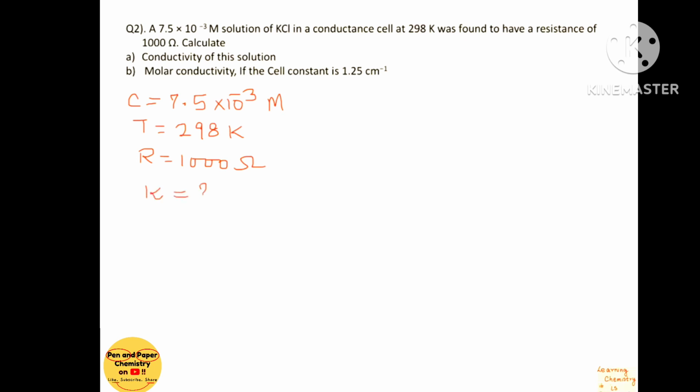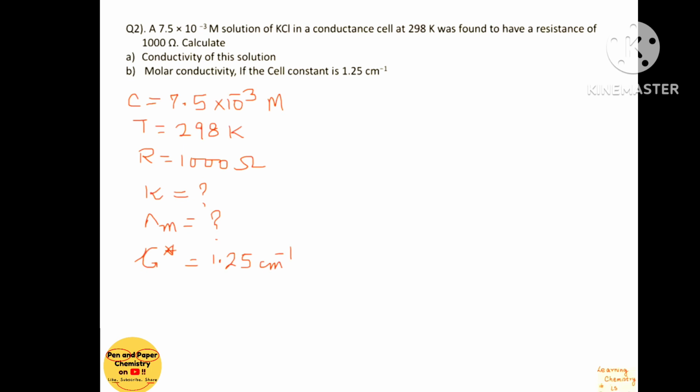So you have to determine kappa and the molar conductivity of this solution, again lambda m, if the cell constant G star is 1.25 per centimeter. Now from the chart, which formula can you recall which you can apply over here?